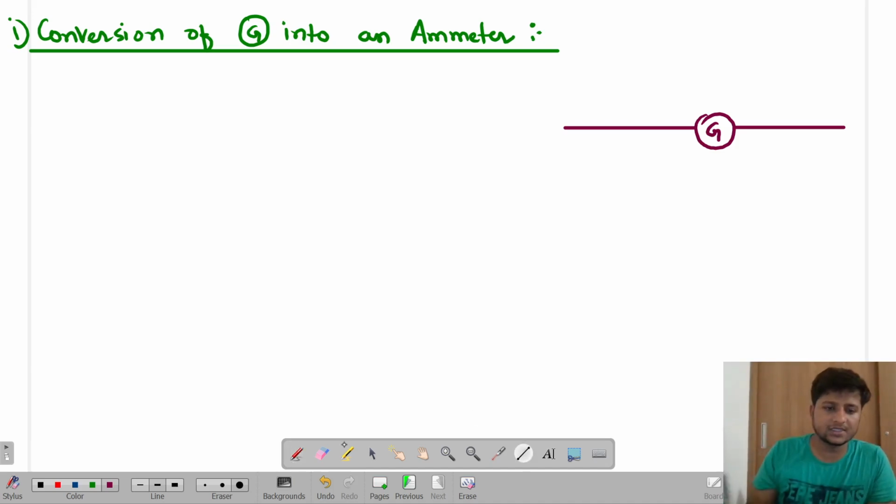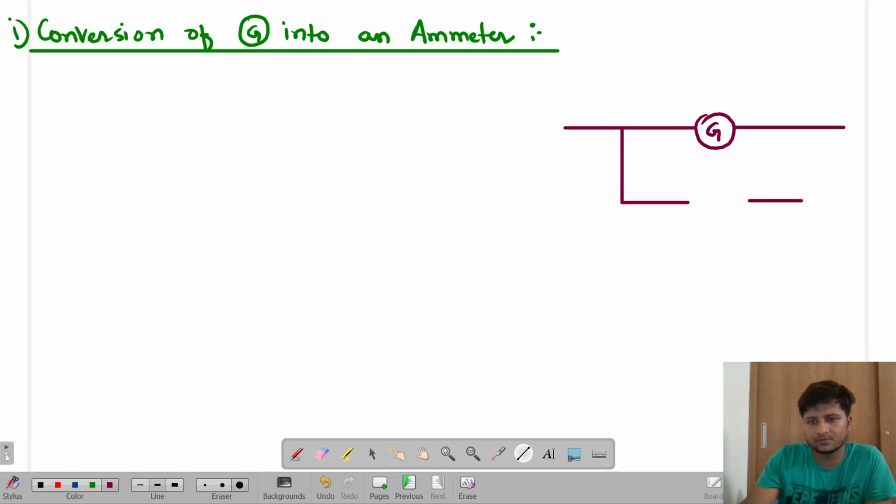So when I connect the galvanometer with a parallel resistor, this is an ammeter, the creation of a galvanometer as an ammeter, because I need a constant voltage supply. Otherwise, the voltage will change. For an ammeter, I need a constant voltage.